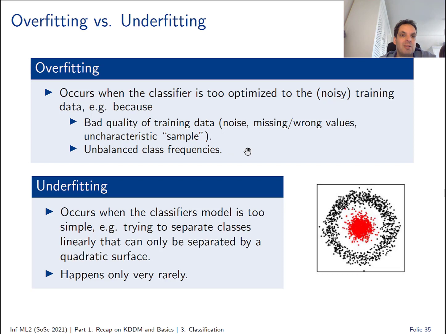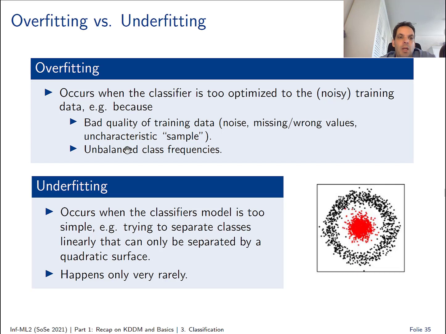So the more complex a model is, the higher the probability, or the higher the danger that this model actually overfits. So always keep this in mind. So we have a kind of overfitting tendency of the models by design, but in addition we have other possible reasons for overfitting, like bad quality of training data, unbalanced class frequencies and stuff like that.